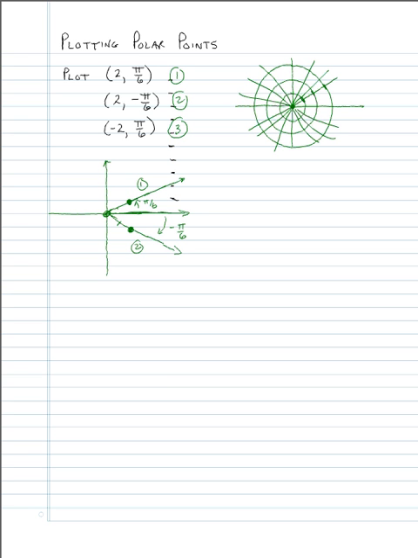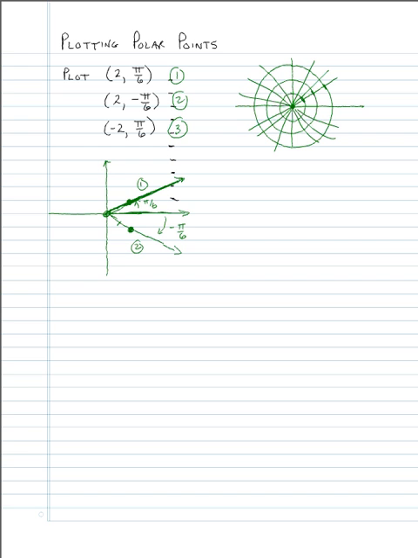Now the third point throws things off a little bit. On the third point, our angle is pi over 6, and we've already drawn in the angle pi over 6. But the problem is, if R is positive, we measure along this angle, but R can be negative.